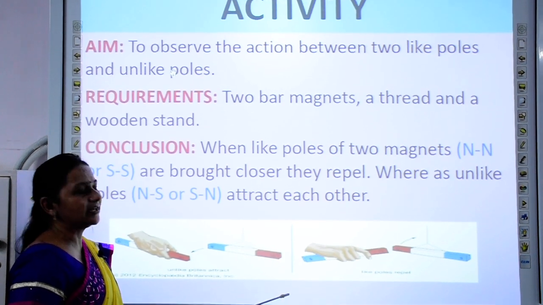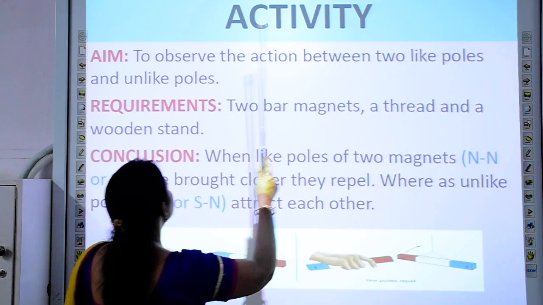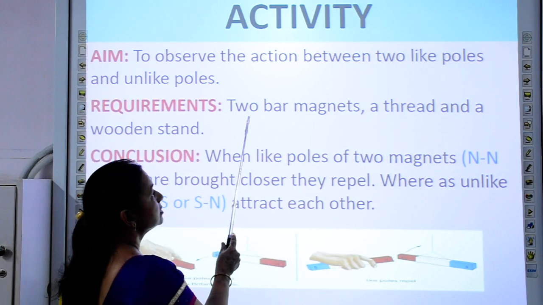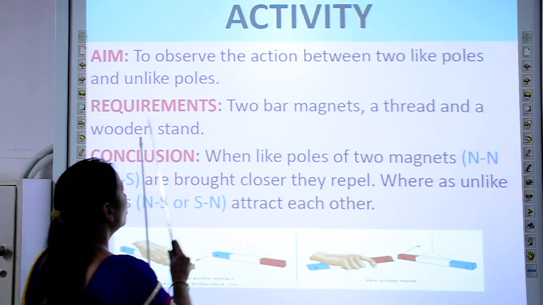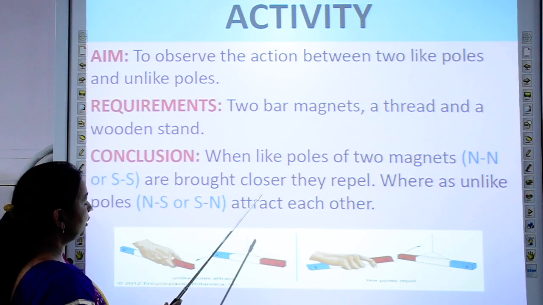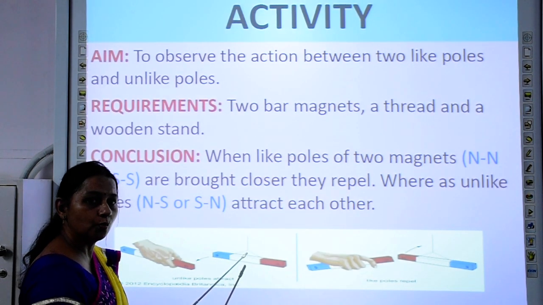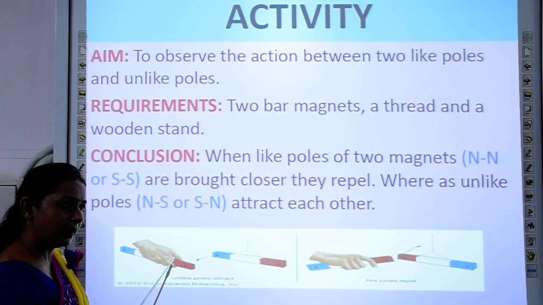Now, again we have an activity here to observe the action between two like poles and unlike poles. For this we require two bar magnets, a thread and a wooden stand. We take a bar magnet and hang it using a wooden stand. The other bar magnet is in our hand.